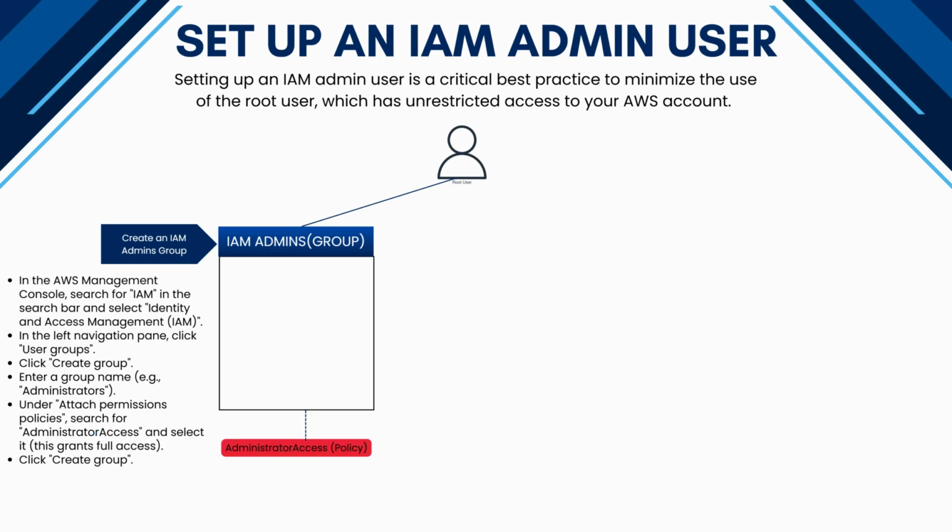So that's a great diagram to try and understand what we're trying to do here. We're creating an admins group, and in that admins group we're tying a policy to it, and then later we're going to start putting users in here. First of all, we're just going to put one user in there. So let's go away now to the AWS console and do exactly that.